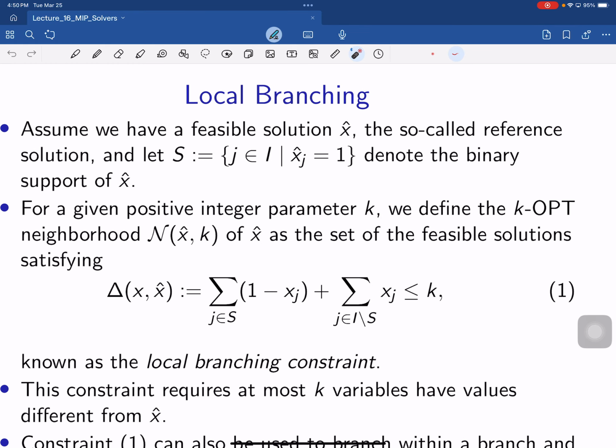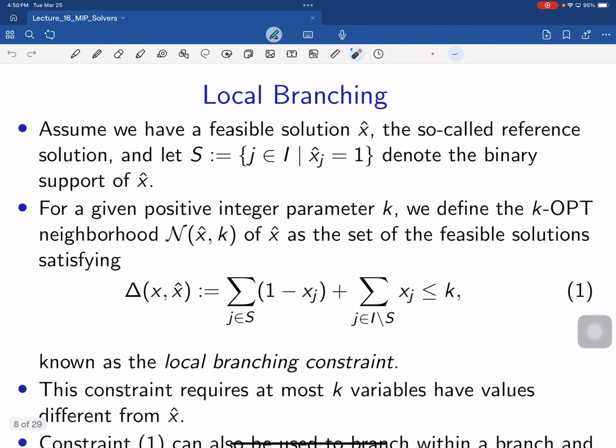Let's assume the set S is the set of variables that are equal to 1 in my current solution. So S is the set of binary variables being 1.